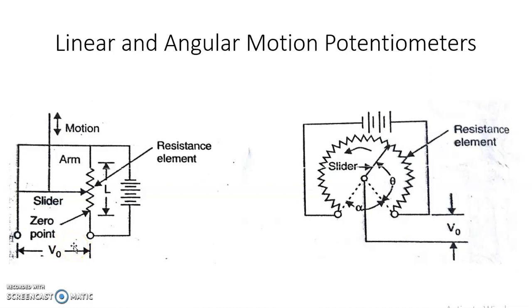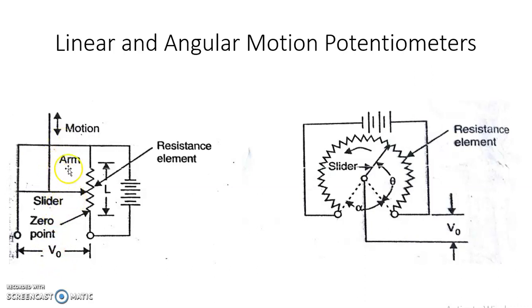Now whenever there is a displacement of the slider, obviously the resistance of this resistance element changes, and as the resistance changes the output voltage also changes, because V is equal to I into R. Therefore the change in the output voltage is directly proportional to the displacement.